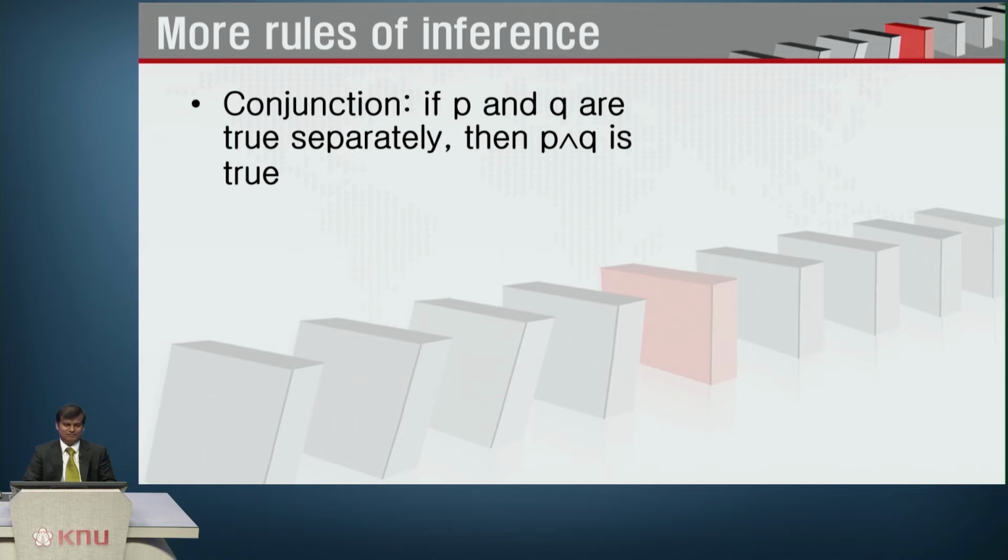So when you say conjunction, you are combining P and Q. We say that P and Q are true separately, and when you combine these two, this becomes true as well. So that is the conjunction principle. Given P, given Q, and they are true separately, therefore we can conclude that P and Q is true.